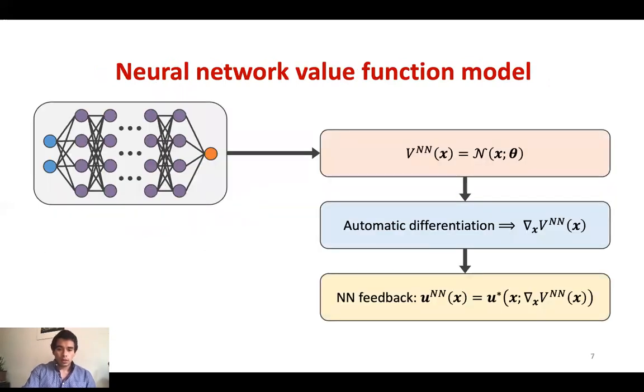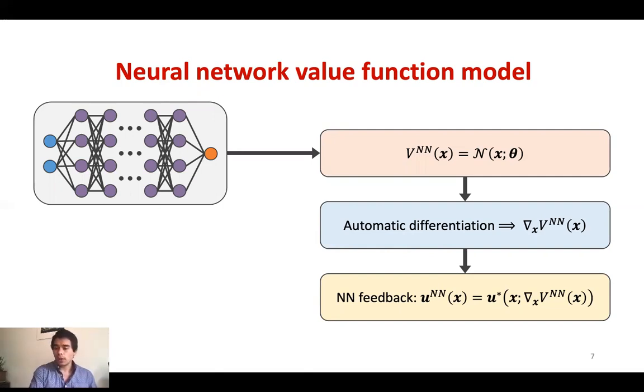So we have data. Let's build a neural network. Here we'll use a standard feed-forward structure. There are many other architectures you might try, but we find this simple basic architecture to work well enough. And we'll try to model the value function using that neural network with that fancy curly N there. It's parameterized by theta, and those theta represent the weights and the biases of your neural network.